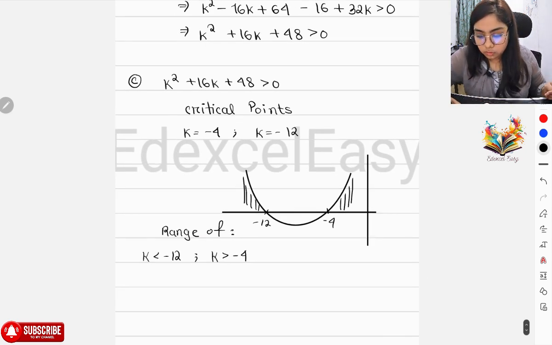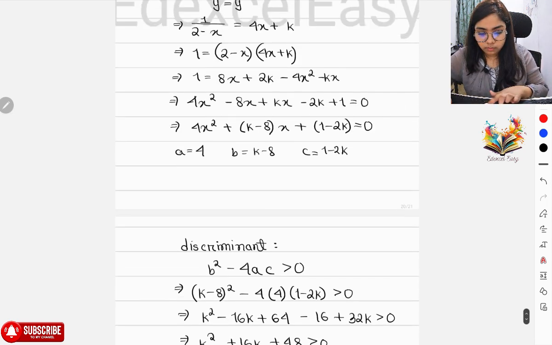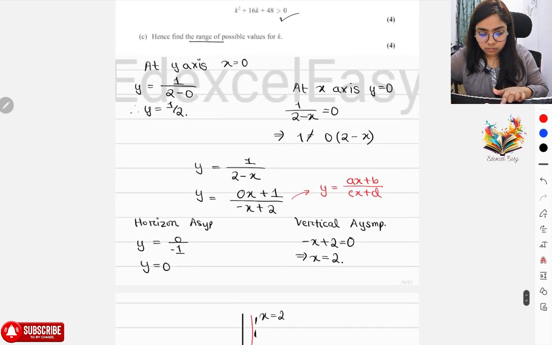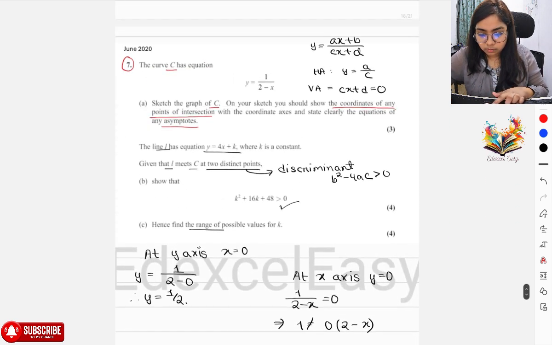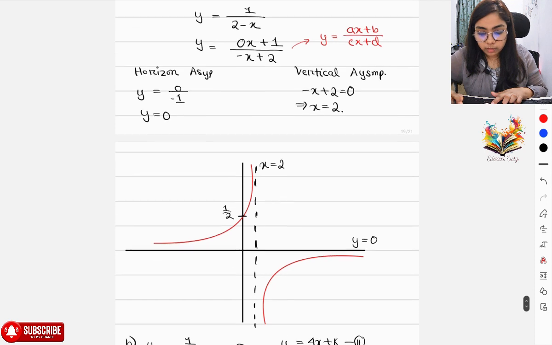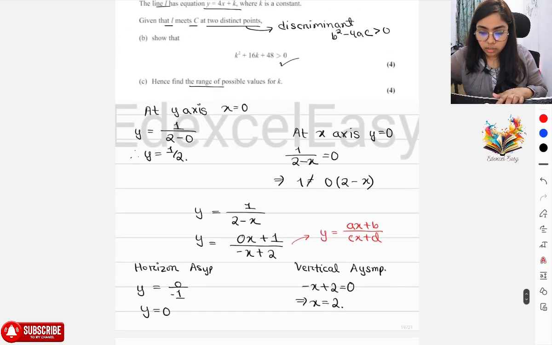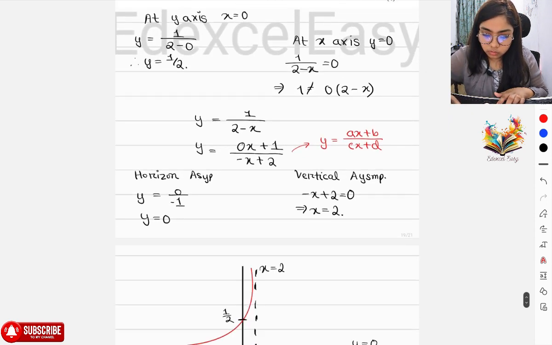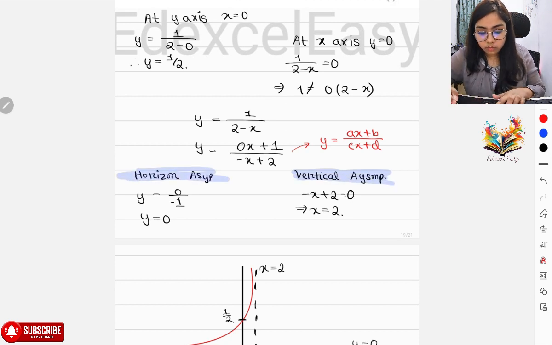So this is all the things we need to solve these questions. I hope it was clear for all of you. We will now move on to the next question for types of graphs. That was it. We calculated the x coordinate, y coordinate, and the asymptotes, vertical and horizontal.